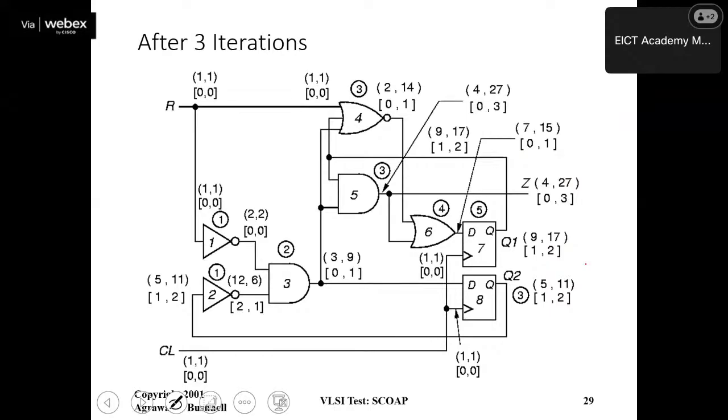Likewise, you can calculate for Q2 also. So for Q2, these are the values, plus you have to add these two and these two. So 9 plus 2, that is 11, and 1 plus 1, that is 2.